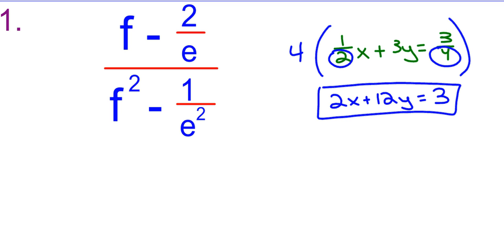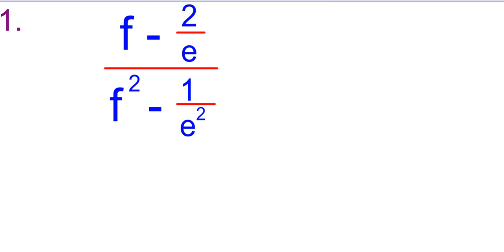You've done that even this year, that's a concept you've done quite a bit. With that in mind, we're going to do the same thing with this problem. You can see that we have two denominators we're working with within the same problem. Technically, this whole thing's a denominator, but I want you to look at just the denominators in your fractions. The two denominators I would like to get rid of, meaning I don't want them in the problem because it makes it too complex, are e squared and e.